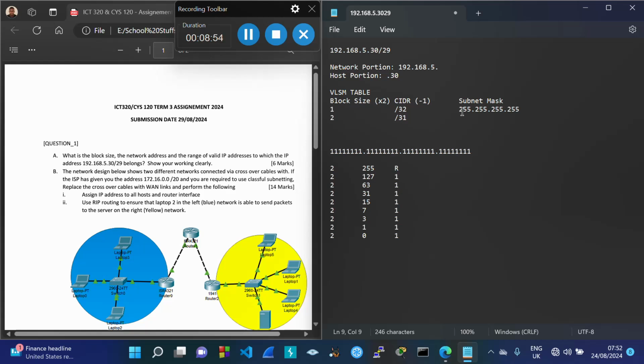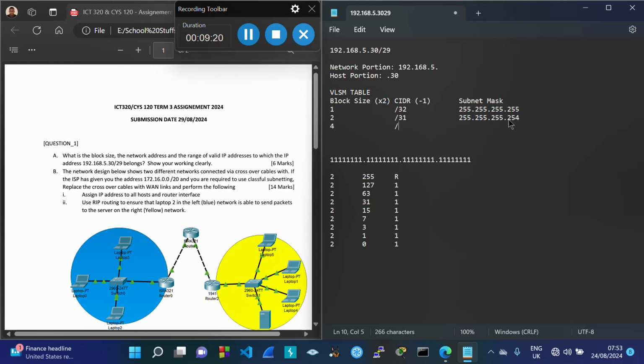And then for the subnet, since we said this part won't be changing, but I'll be changing the host portion. So in this case, we'll say 255 minus 1, which is 254. Then again we proceed, 2 times 2, which is 4.